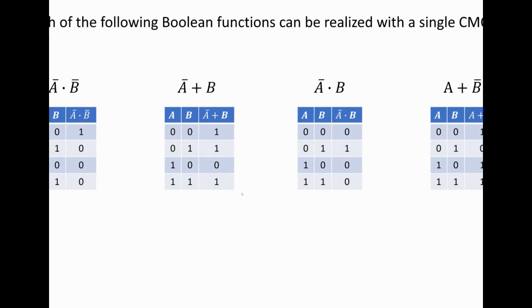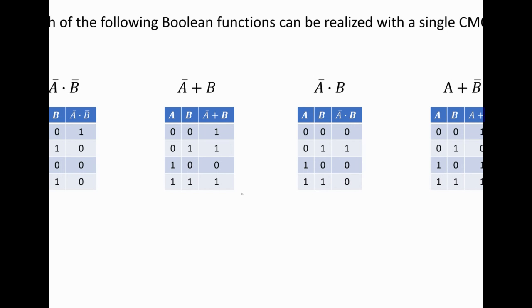Which of the following Boolean functions can be realized with a single CMOS gate? These are 4 different 2-input Boolean functions, and I give the truth table for each one of them here. I didn't give the truth tables in the question on the quiz, I just gave you the Boolean expression, but I'm giving you the truth tables here because those are relevant to the question.